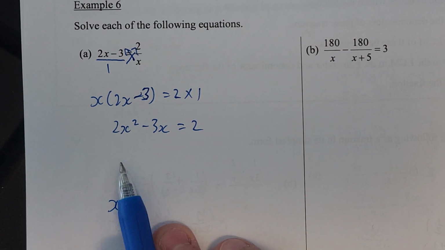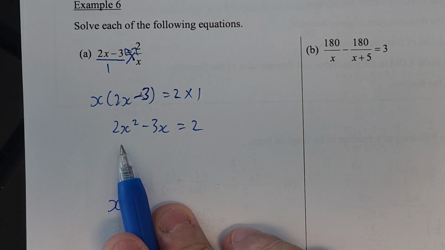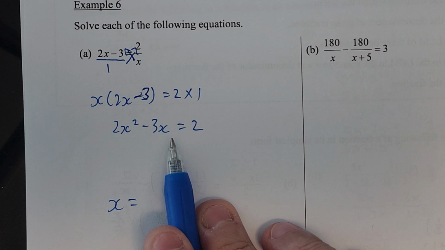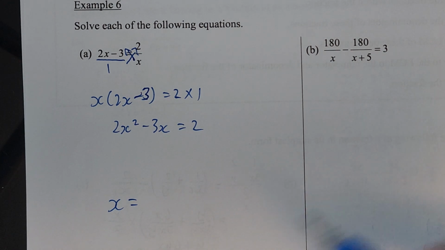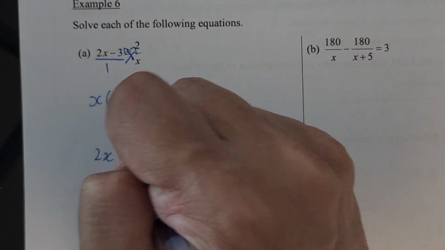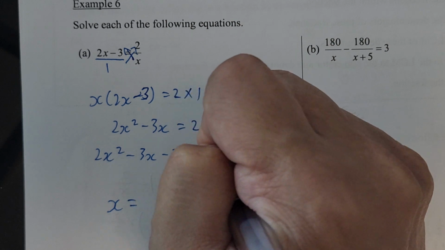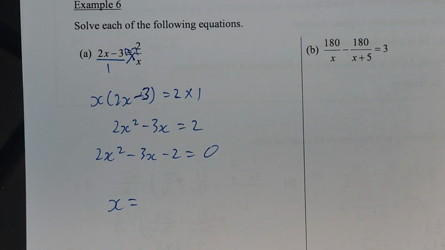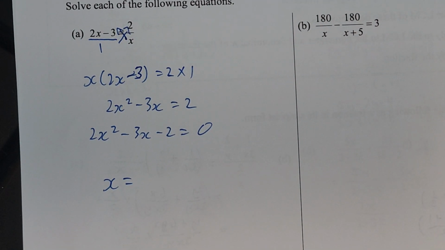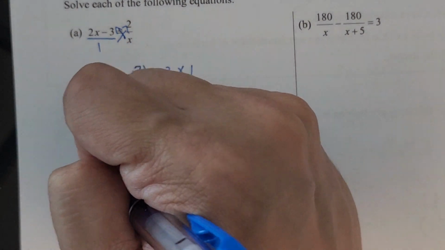And then I see, okay, quadratic equation, so make one side 0. Remember, we only learn two types of equation, linear or quadratic. That's x squared. Everything goes to the left. And after that, I factorize.